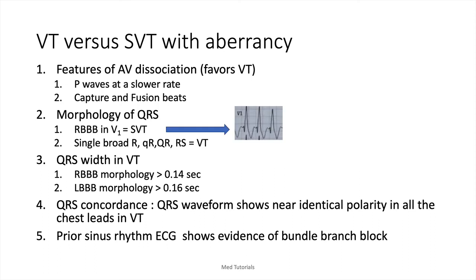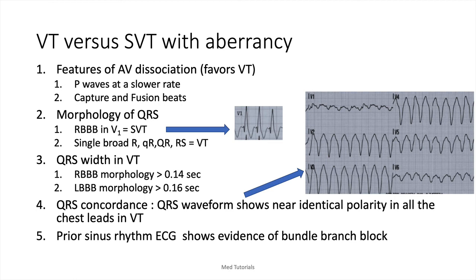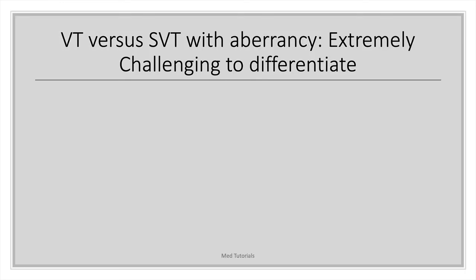So RBBB in V1 might be a feature of SVT, and this is an example to show QRS concordance. We see that all of them have near identical negative polarity of all the waves, and this goes in favor of VT.